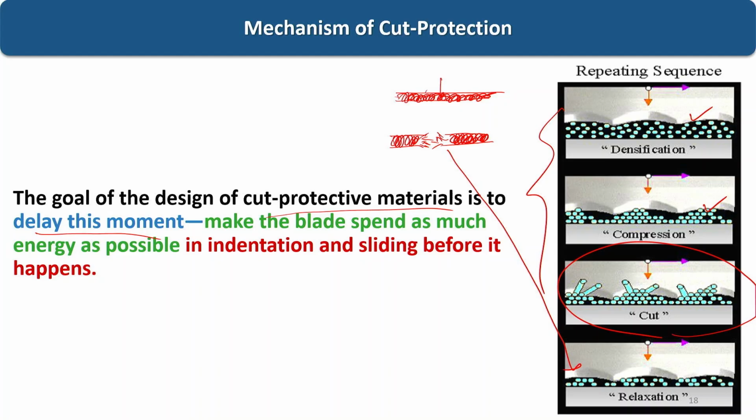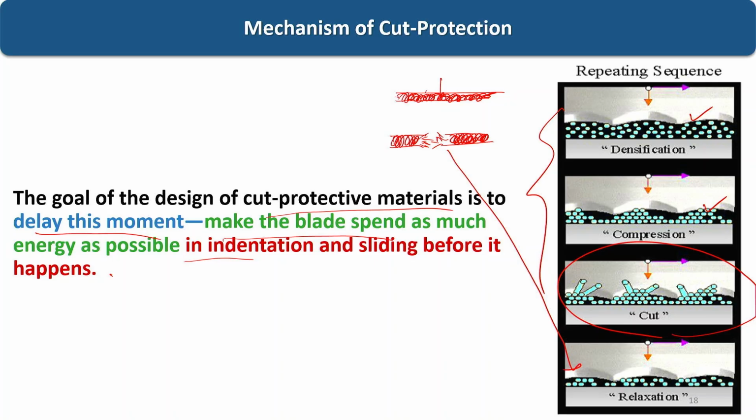It is not that the cut protective textile cannot be cut, but if we can delay it, then the sharp object can be removed. That is basically the goal of the cut protective material: making the blades spend more energy and more time as much as possible in indentation and sliding before the cut happens.